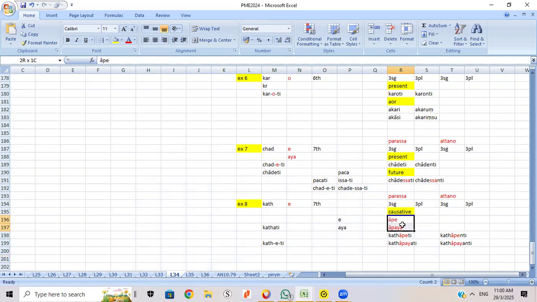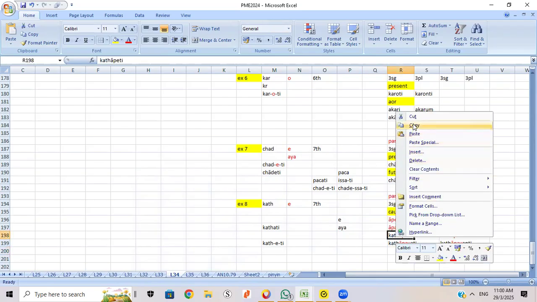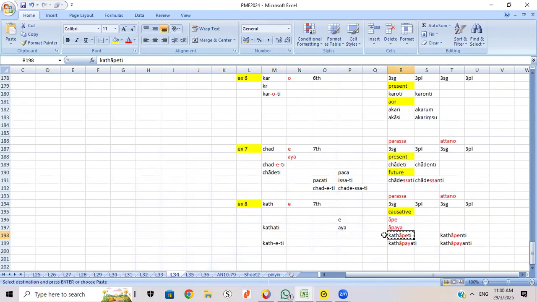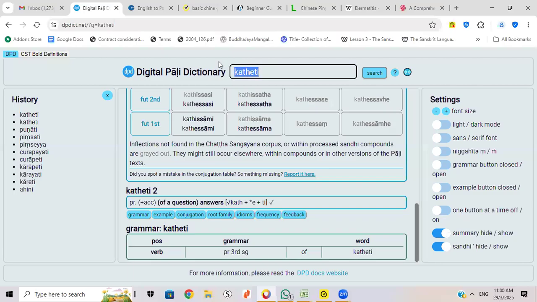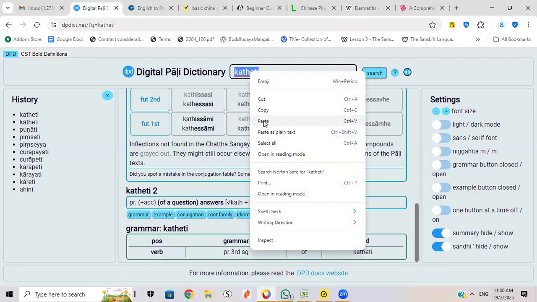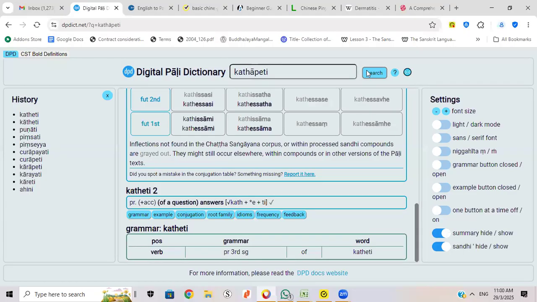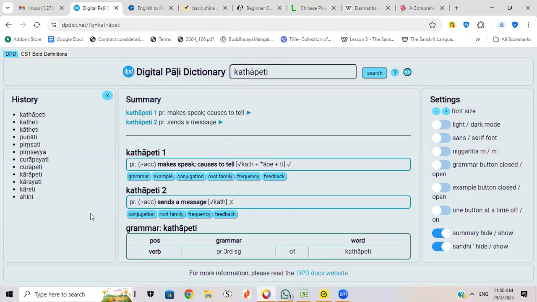These two are causative. That means I don't know why it ends up with katapeti. Sometimes maybe this is wrong. Let me verify this. I think it could be katapeti. There are sometimes mistakes in the book. You see the A there, not E, see cut plus apeti.